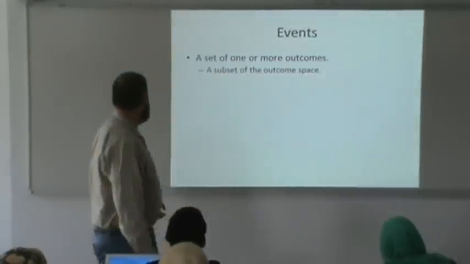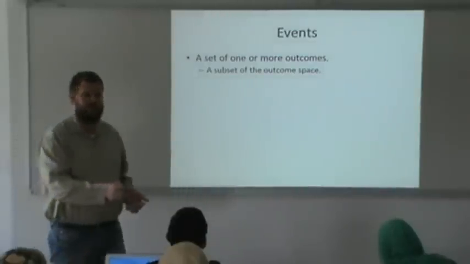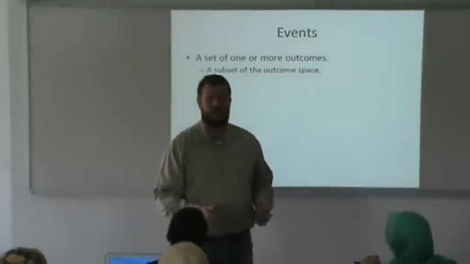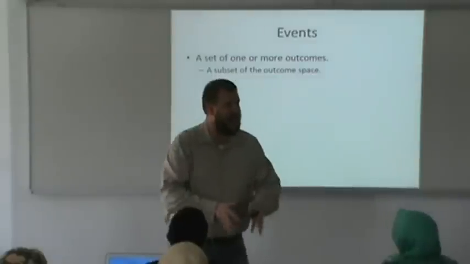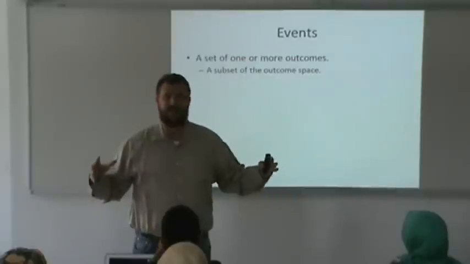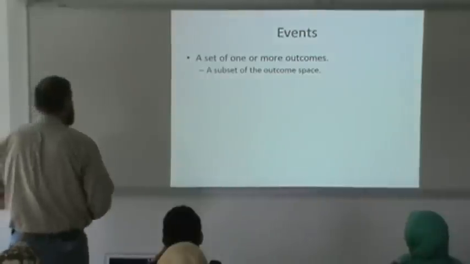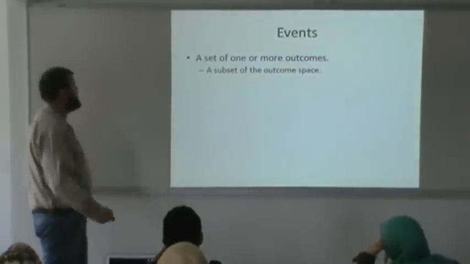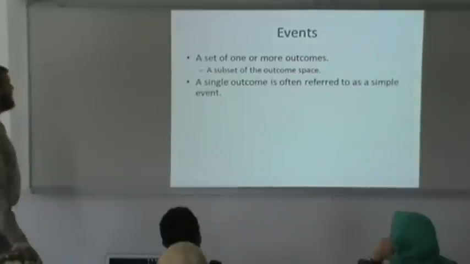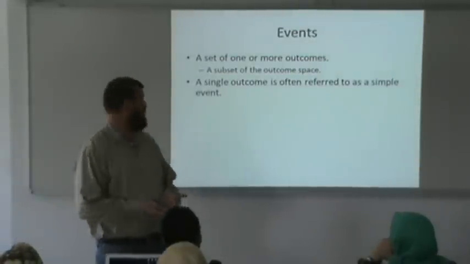An event is just a set of one or more outcomes. So if we flip a coin 5 times, we have 5 outcomes that together comprise an event. Does that make sense? So an event is just a subset or a set of the outcome space. A single outcome is often referred to as a simple event.